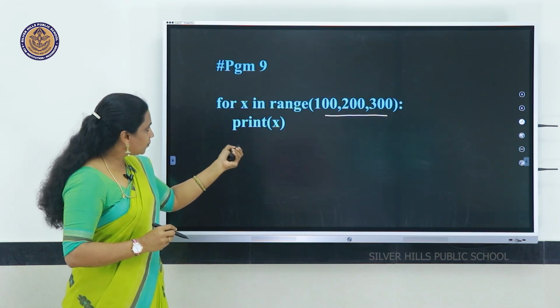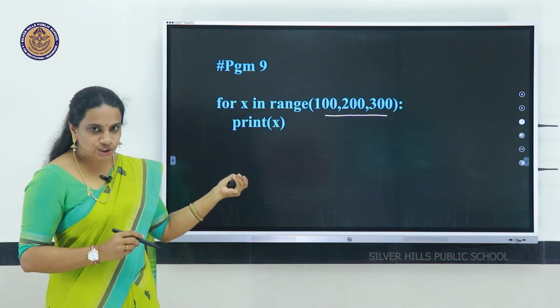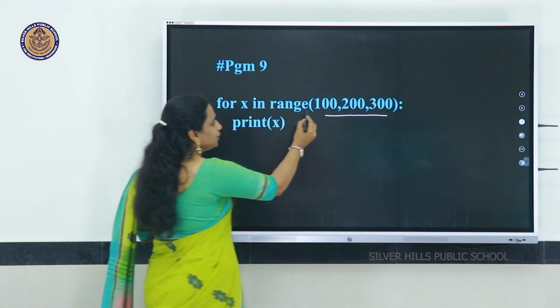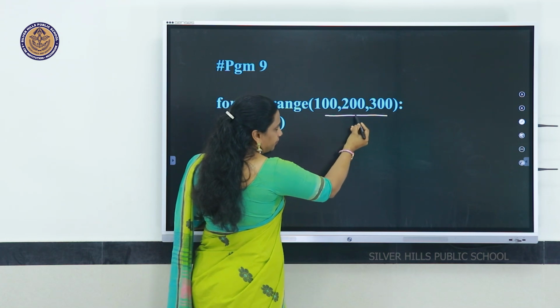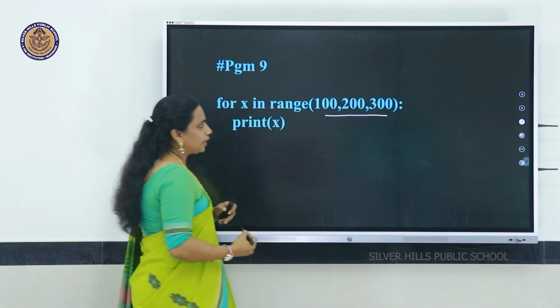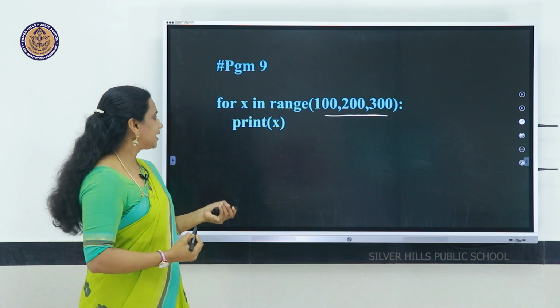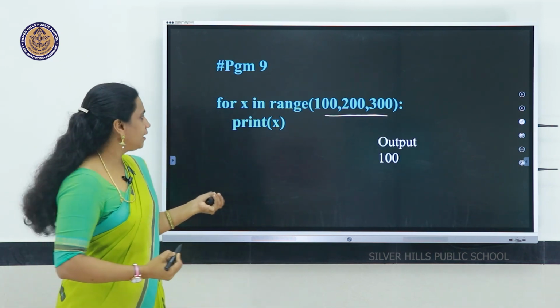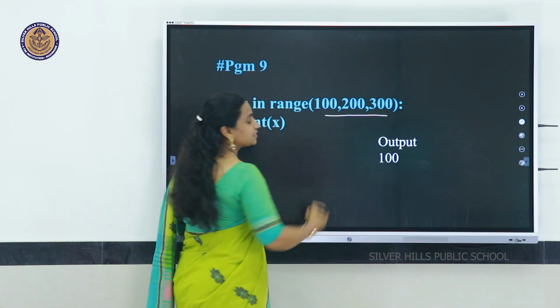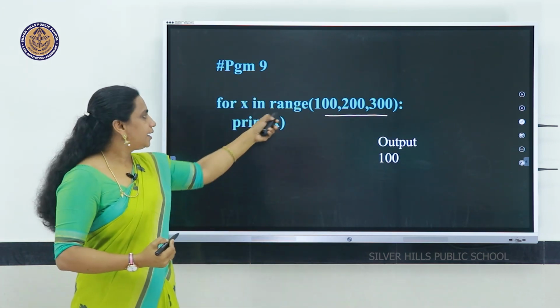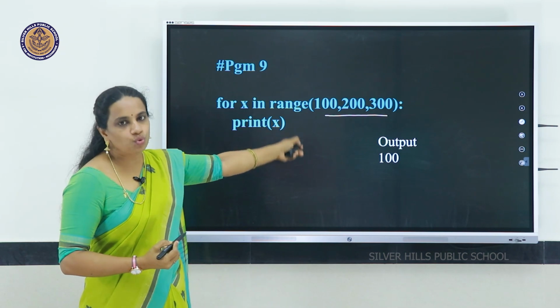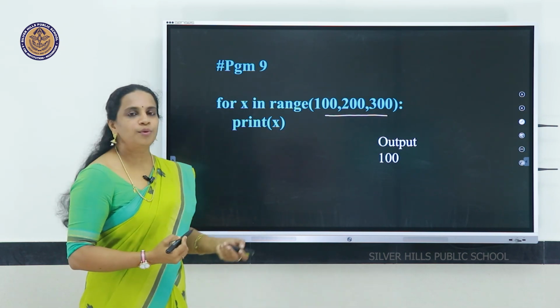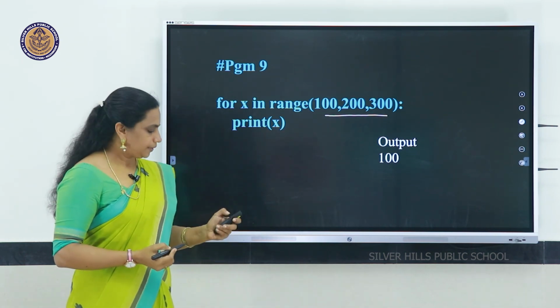Now, in this question, for x in range, the start value is 100, stop value is 200 and step value is 300. Print x means you will get the output 100, because the next value would be 100 plus 300 equal to 400, and the stop value given here is 200. Therefore, the output will be 100 only.